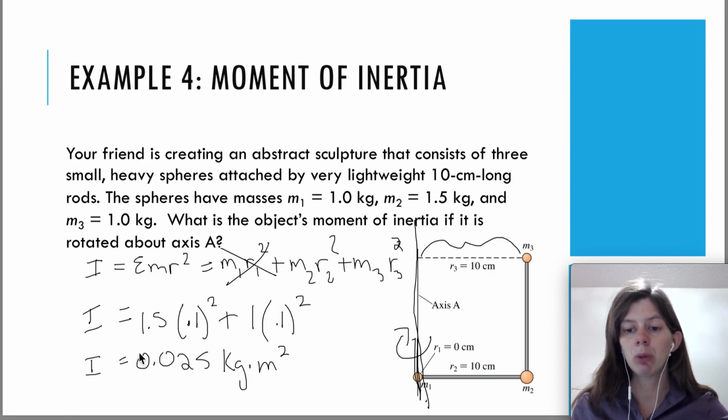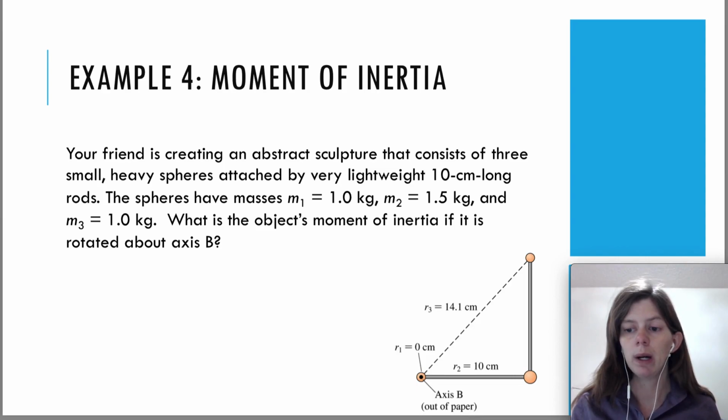And remember, the moment of inertia gives you an indication of how hard it is to rotate the object. So the bigger this number, the harder it is to rotate the object. Let's do part B, where the only thing we have done is we have changed the axis of rotation. So instead of being right here, a vertical line, the axis B is at the location of that first mass, but it's coming out of the paper.